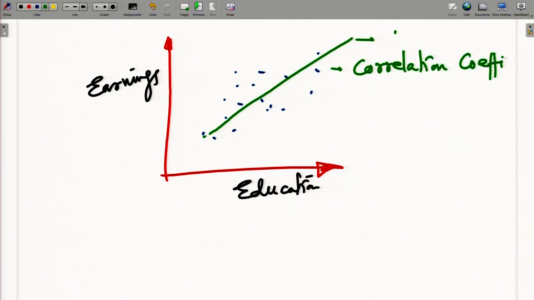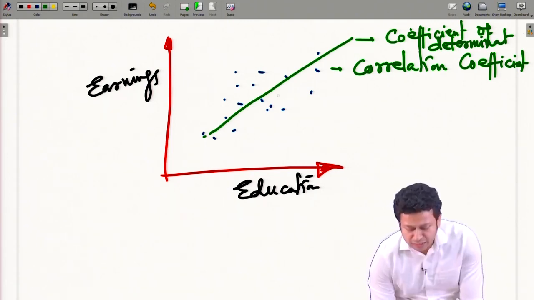We will see what we mean by correlation coefficient, and we will calculate something called the coefficient of determination, but that we will do further on. The idea here is that when we draw this regression line, we essentially want to minimize the errors, right?